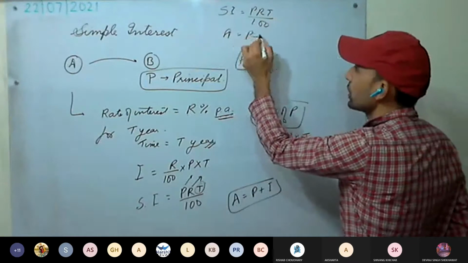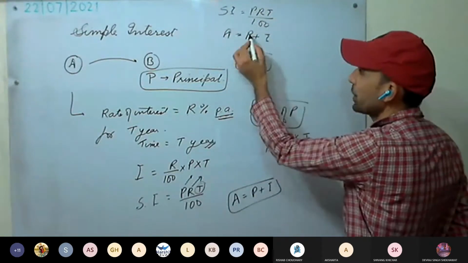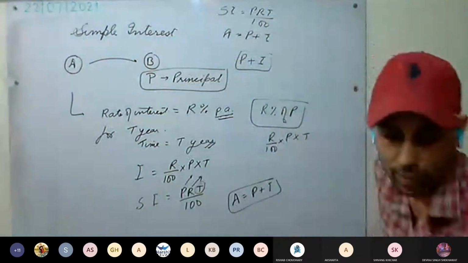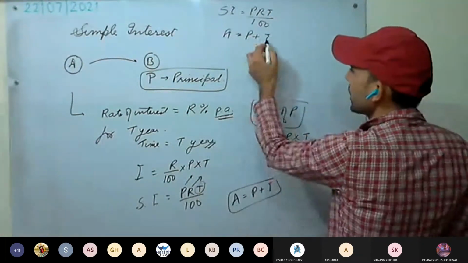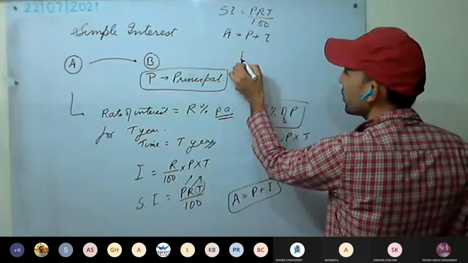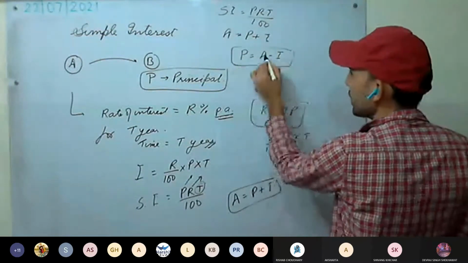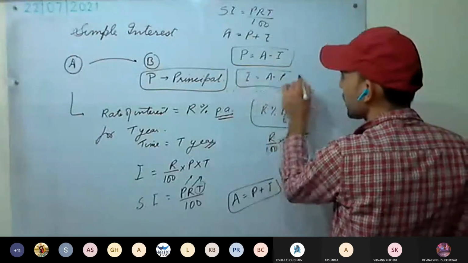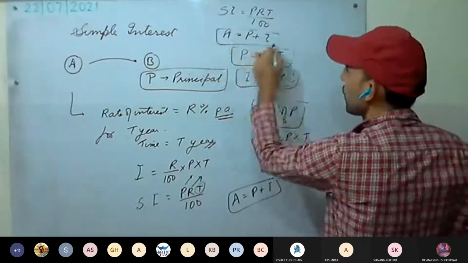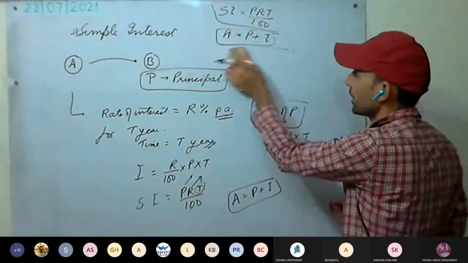Amount equal to principal plus interest. If it is simple, it will be simple interest. Principal is how much? If amount and interest is given, we subtract interest from the amount, we will get principal. How to get the interest? Amount minus principal. So these two formulas we have to remember. That's all. Remaining we can derive from that.